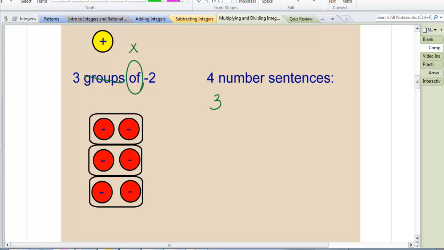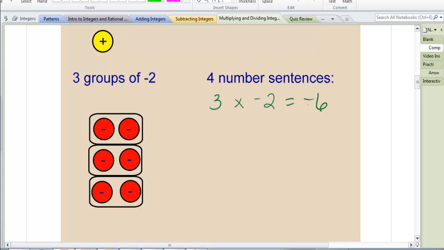So 3 of -2 is the same thing as 3 groups of -2, which is the same thing as 3 times -2. And if you look at the picture, it makes sense that 3 times -2 is -6, because when we have 3 groups with -2 in each, altogether that's 6 negatives.